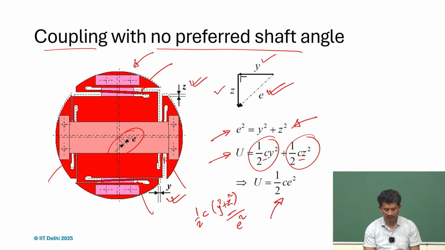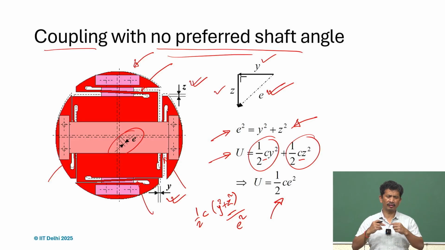So this is what we get, half C times the eccentricity square. And if this is the case, there will be no additional torque because of this mechanism, because it has no preferred shaft angle.